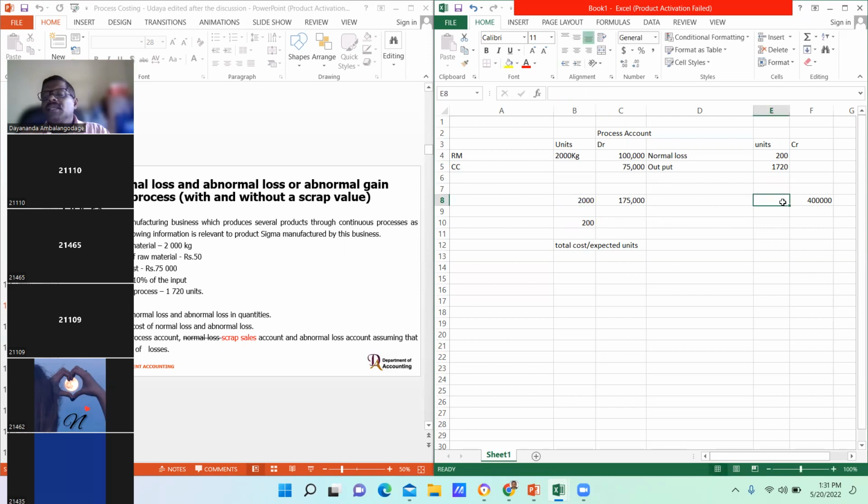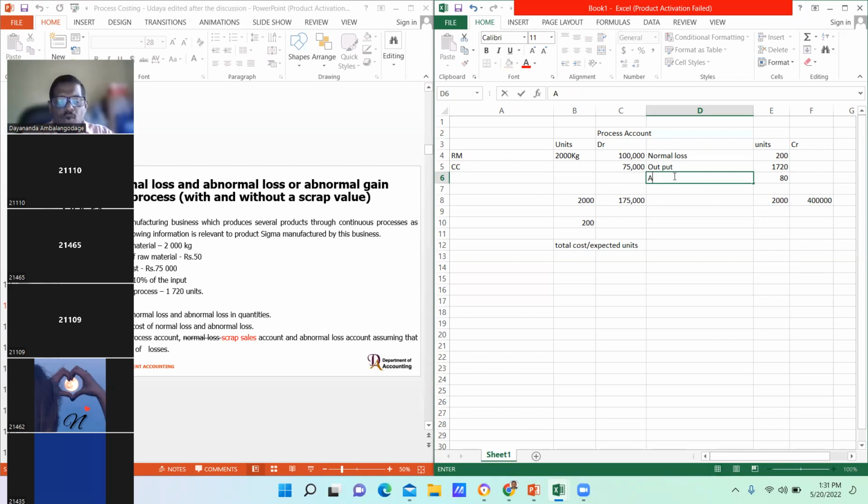But here the total is not 2000. Here the total is something else, 1980. So 80 is missing. What is this 80? Even though we expect 200, our process had a small problem, and we end up with another 80 units of loss.